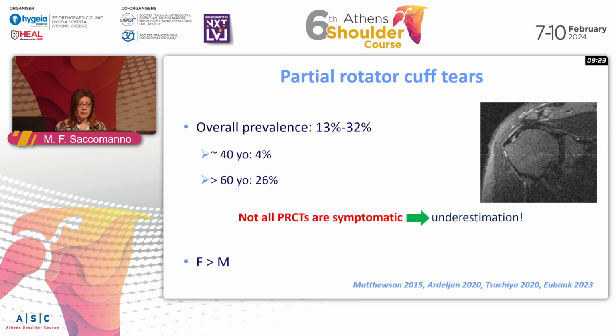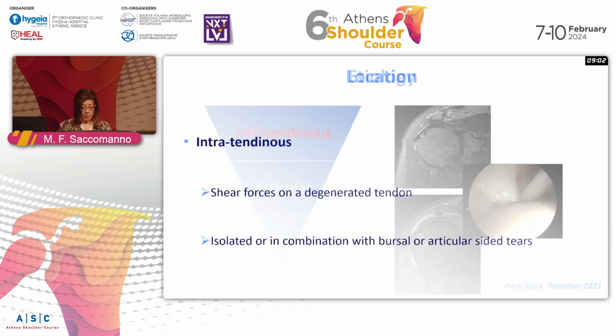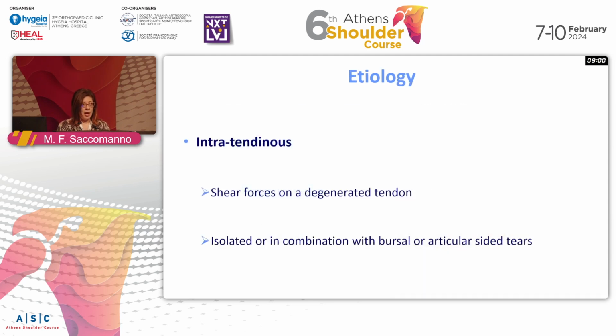As the patient gets older, there is a higher probability to have a tear, even a partial tear. And they are more frequent in women than in men. For the location, we always talk about articular or bursal-sided, but the most common type of lesion is intratendinous for sure.